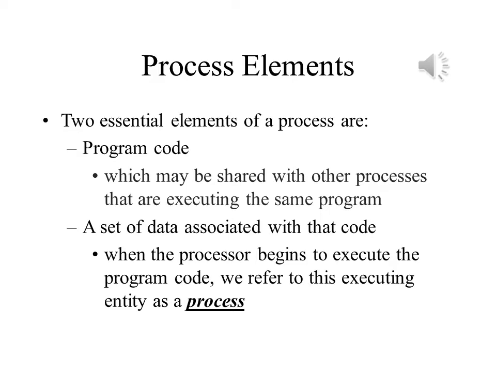We can also think of a process as an entity that consists of a number of elements. Two essential elements of a process are program code, which may be shared with other processes that are executing the same program, and a set of data associated with that code.